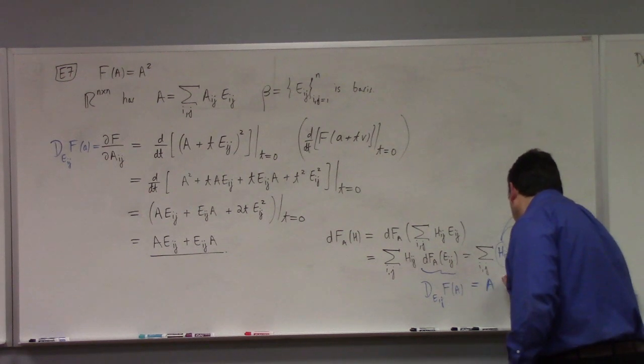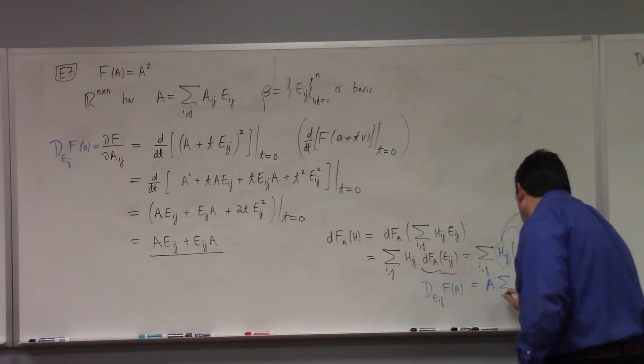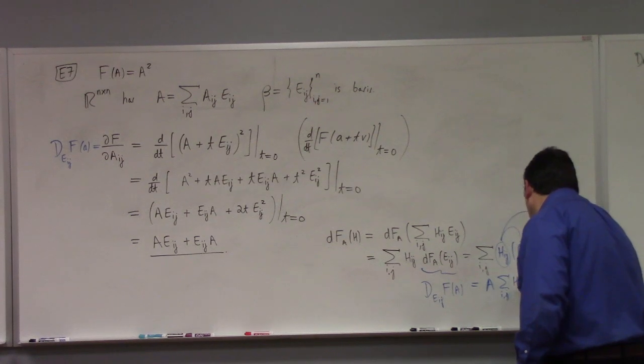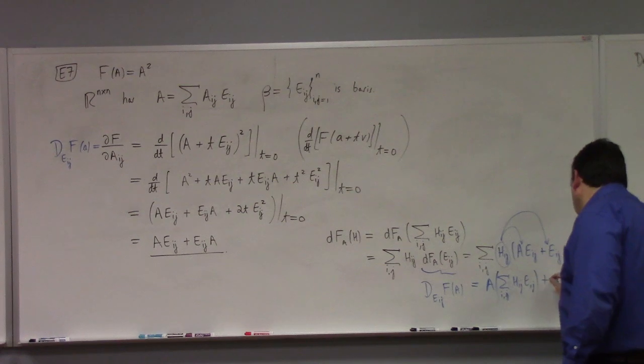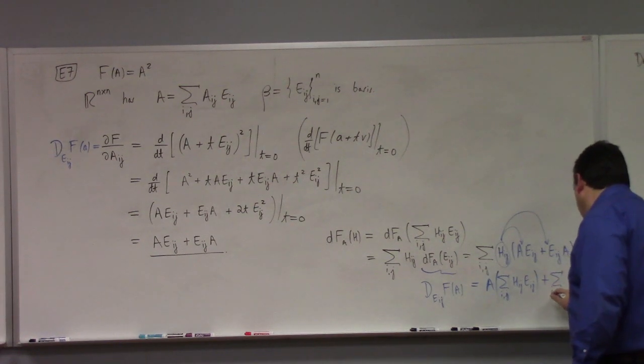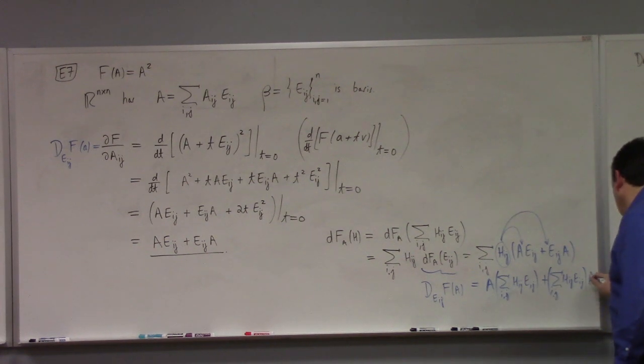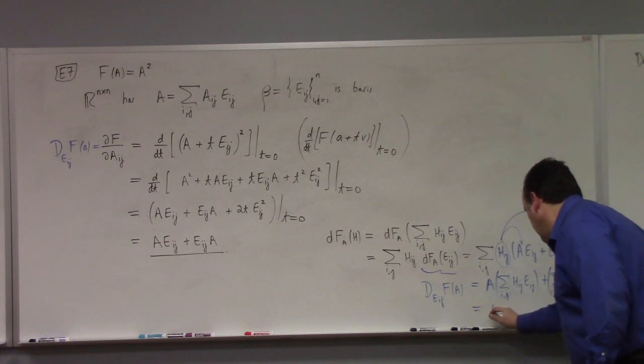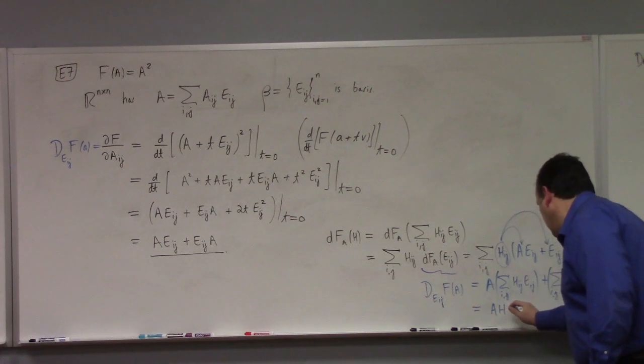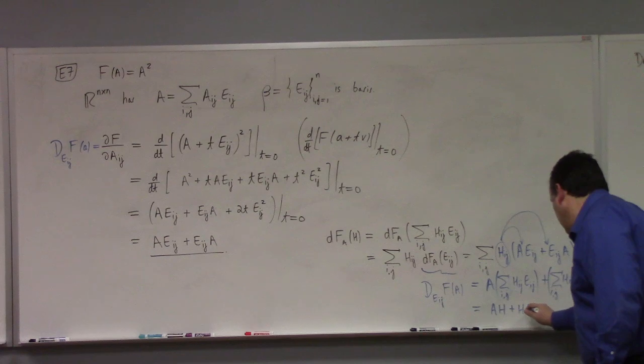Pull the A out: A times the sum over i and j of h_ij E_ij, plus the sum over ij of h_ij E_ij times A, also known as A H plus H A.